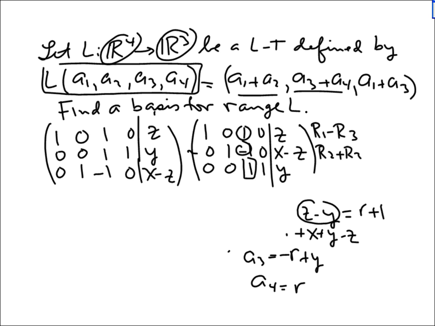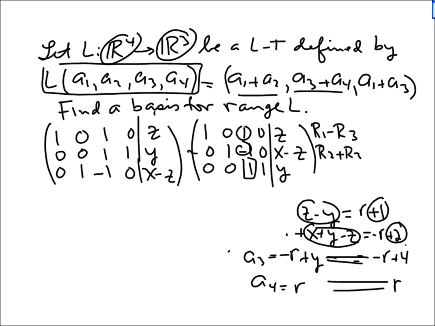And X plus Y is 7, minus 5 is 2. So I got negative R plus 2. And here I get negative R plus 4. And A4 can be R. Okay. So if I let R be 0, 1, 2, 4, 0. See if I'm right.